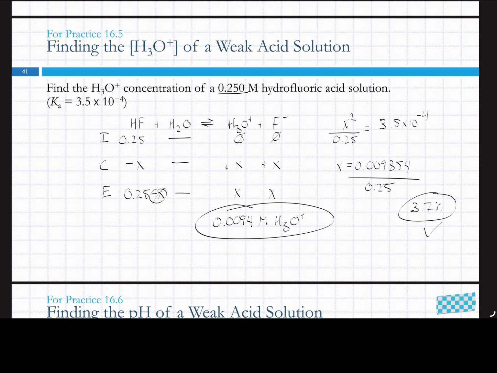Now, do we need to worry about the autoionization of water? What's the concentration of acid produced by the autoionization of water?